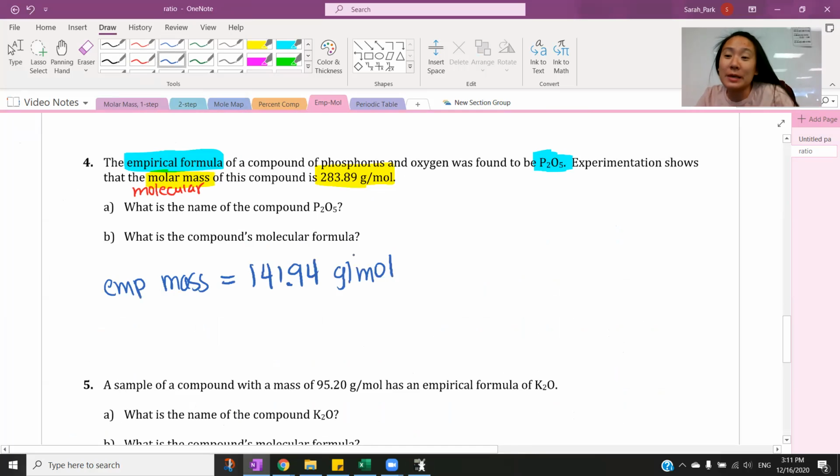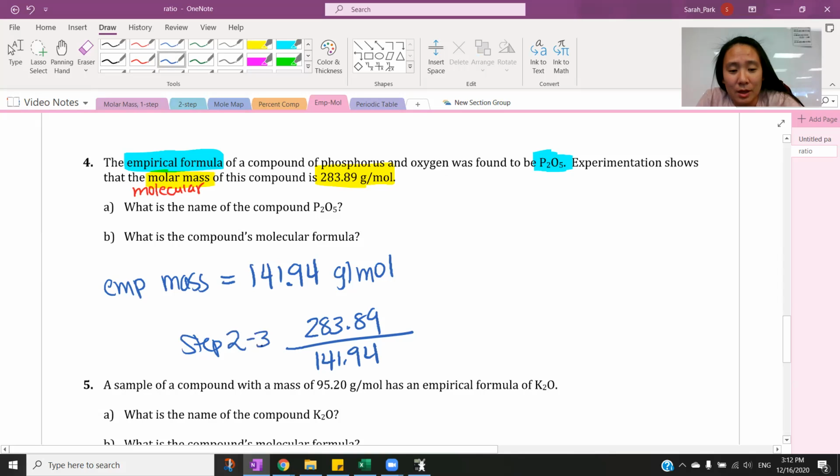At this point, the biggest mistake people tend to make is they divide backwards of what most people are thinking. You have to do 283.89 divided by 141.94. This number has to go on the bottom of the fraction, right?